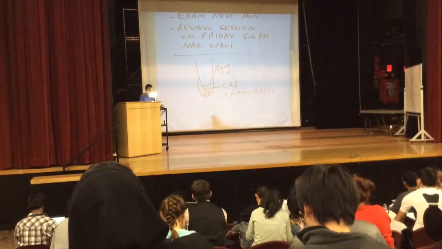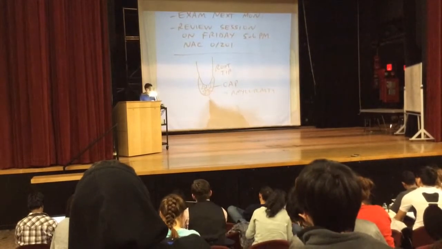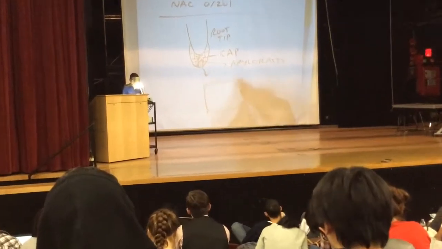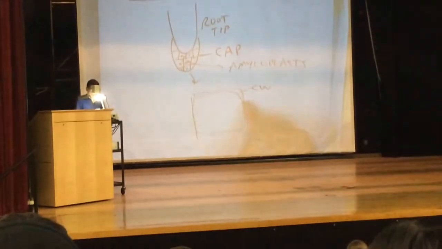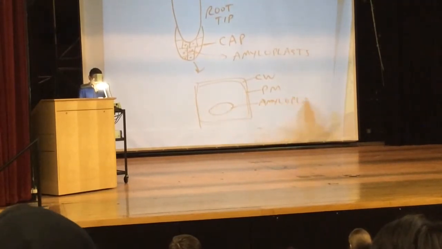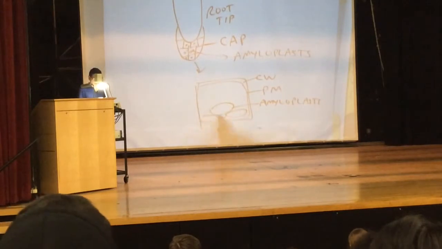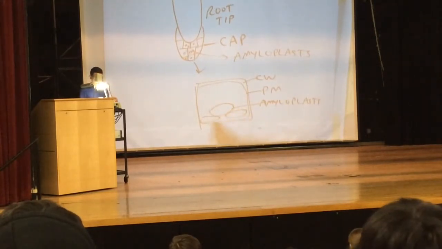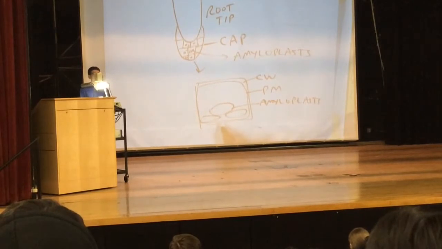And so if you were to look at this cell, so I'm going to take one of these cells and make it much bigger. Inside the cell, here's the cell wall, here's the plasma membrane, and then you have these amyloplasts. These amyloplasts are heavy with starch and they fall to the bottom of the cell. And the pressure of the cytoplasm being exerted on the lower membrane causes some pressure-sensitive channels to open.